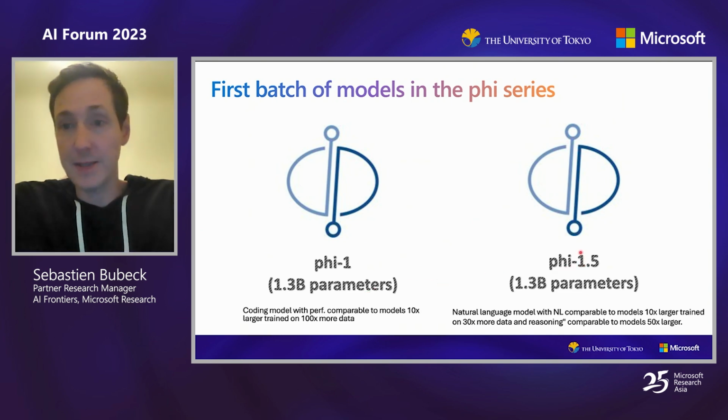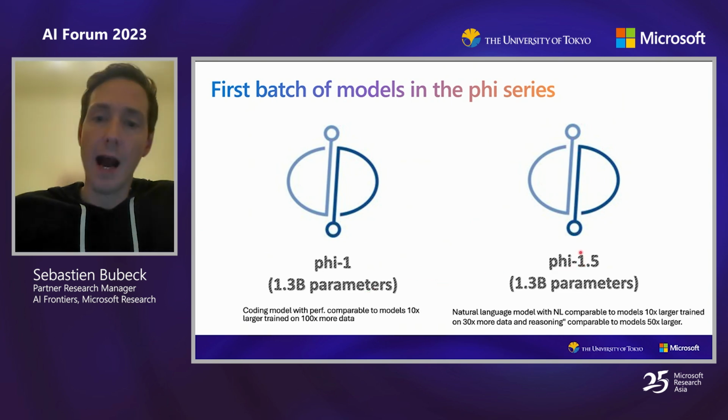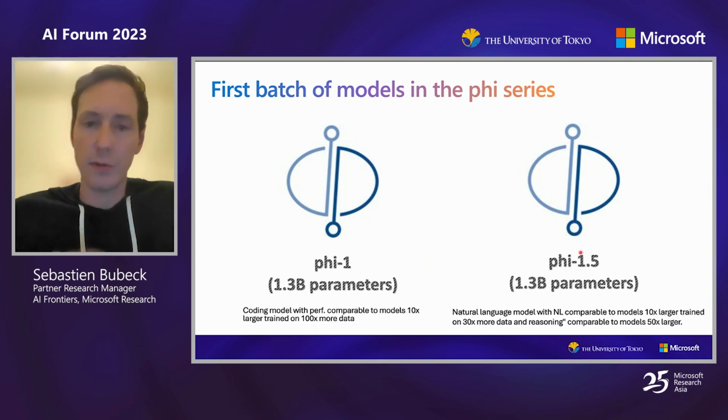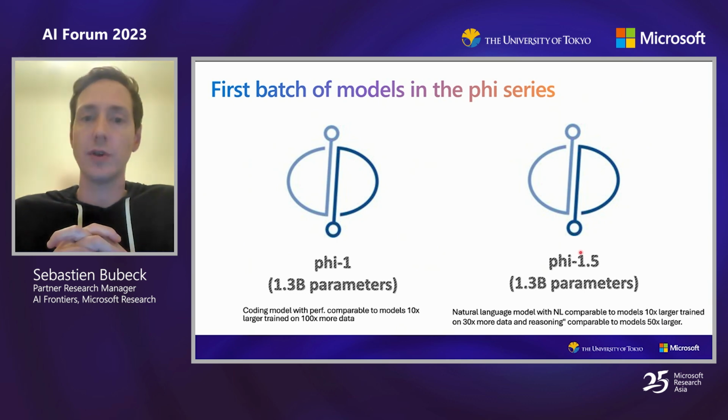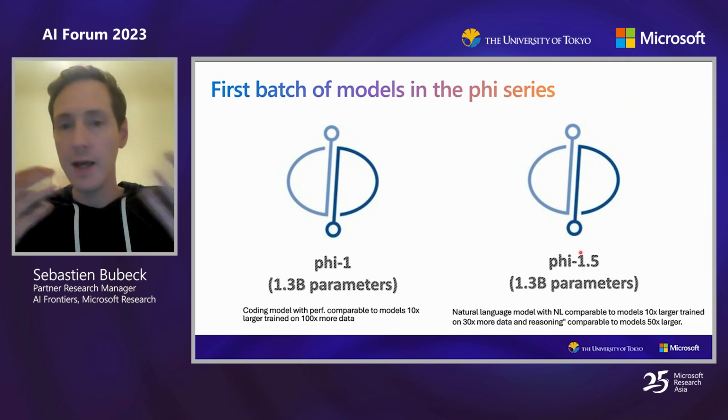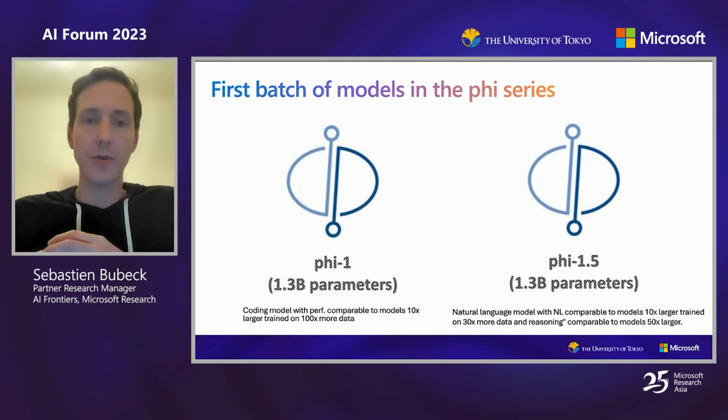Phi 1.5 is our second attempt, where after coding, we decided to go after something very basic, which is needed in almost all the applications of LLMs, which is common sense reasoning. Common sense reasoning used to be the dark matter of artificial intelligence. And suddenly with GPT-4, we were able to see that you can actually get AIs that have common sense.